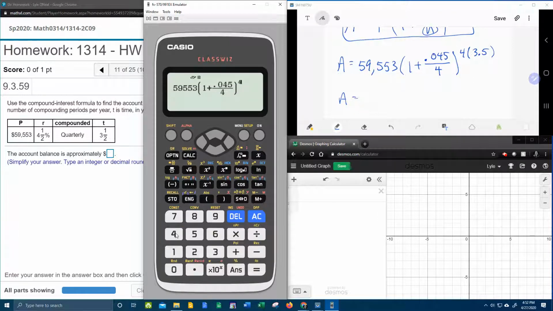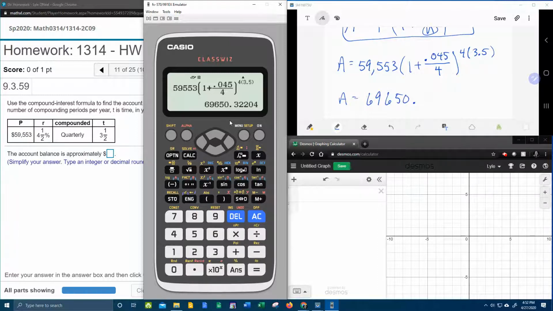We're going to say 4 times, and I'm actually going to say times 3.5. If you wanted to, you could say 4 parentheses 3.5. Either way, it's going to see that as multiplication, and there's our answer. So that's going to be 69,650, and we're probably going to need to round that to the nearest penny.